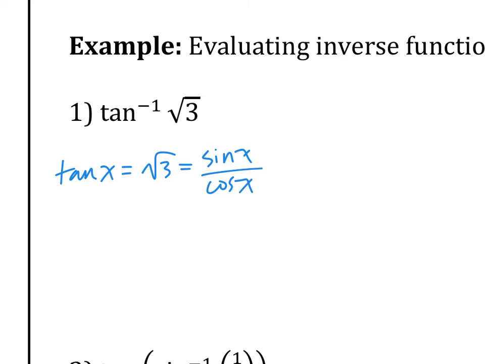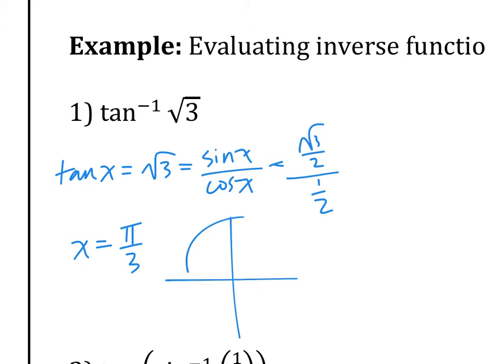Okay, so you got to think, what angle makes sine over cosine square root 3? So that means sine has to be square root 3 over 2 and cosine has to be 1/2. This is the only way that you're going to cancel and get square root 3. So what angle makes that happen? Pi over 3. Okay, so that means sine has to be the longer one.